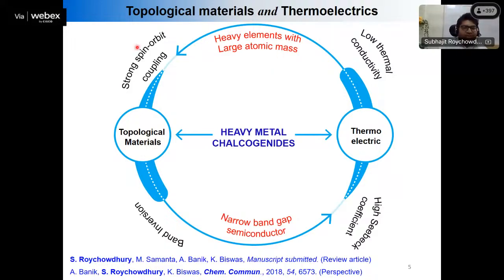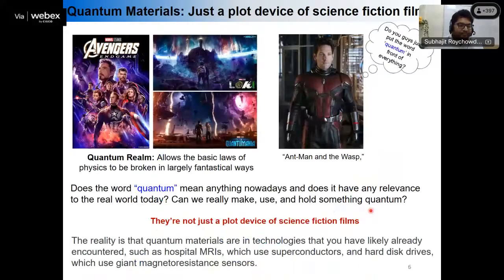It will give me a strong spin orbit coupling as well as low thermal conductivity. And if I choose a narrow bandgap semiconductor, it will be easy to get a band inversion and at the same time a high Seebeck coefficient. So that's why topological materials are also good candidates for thermoelectric applications.